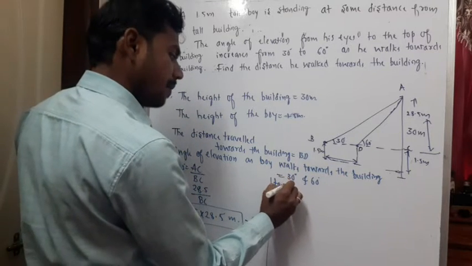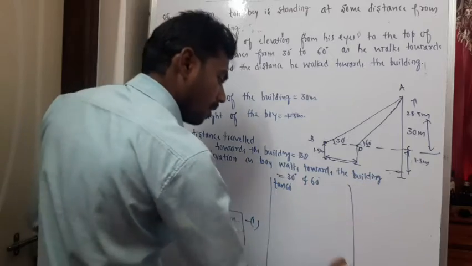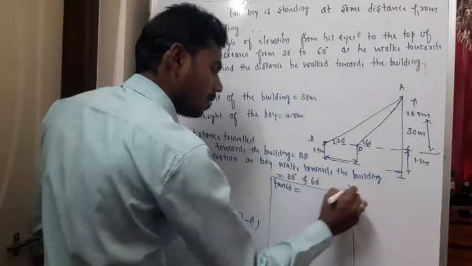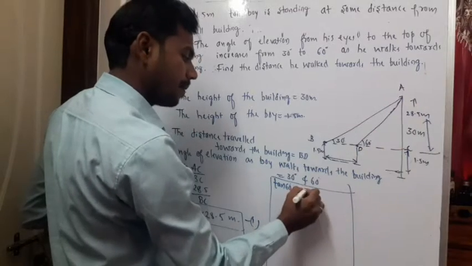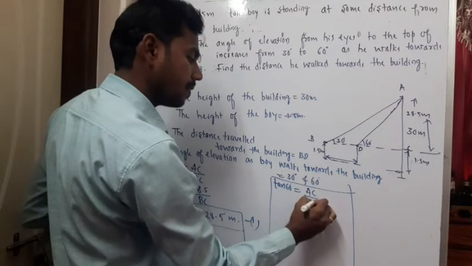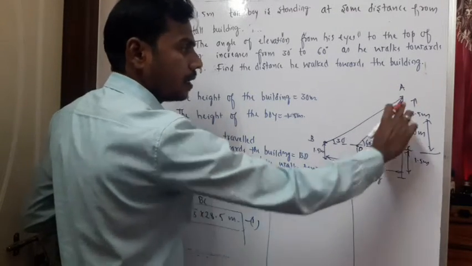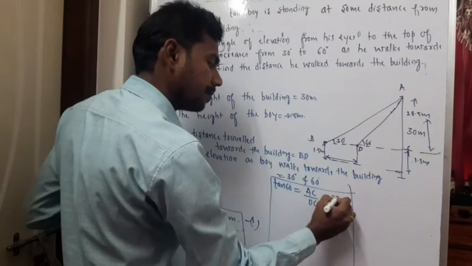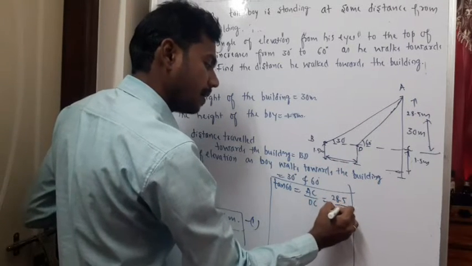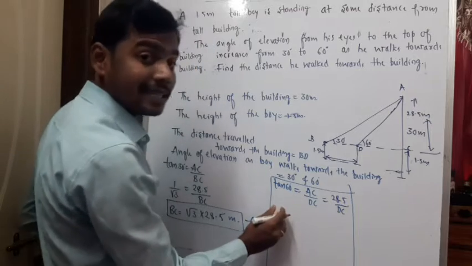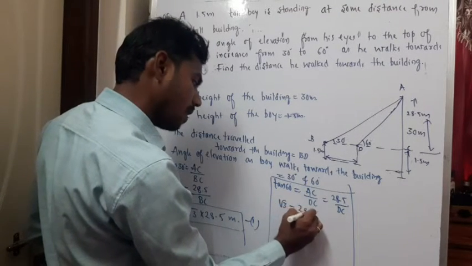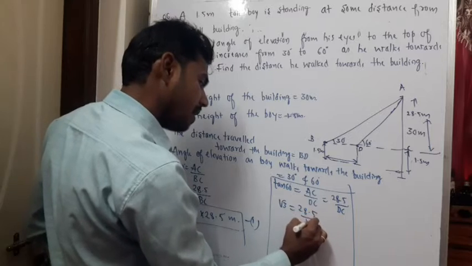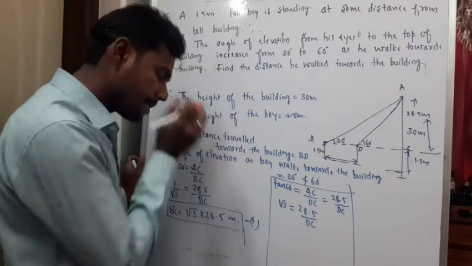Tan 60 is equal to AC by DC, opposite by adjacent, which is equal to 28.5 divided by DC. Tan 60 is nothing but root 3. Root 3 is equal to 28.5 divided by DC. Fine.